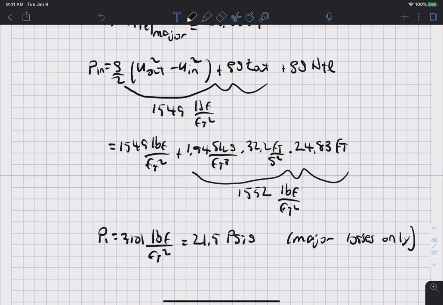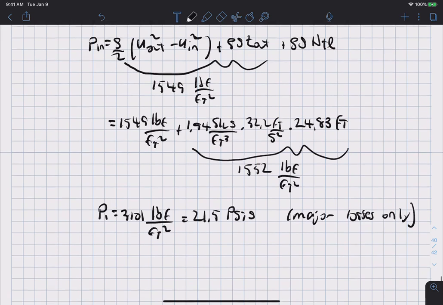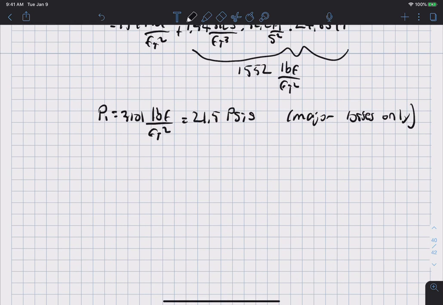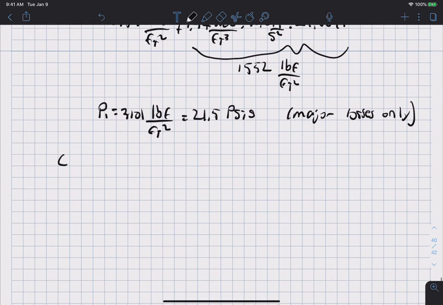Okay, so now that's including just the major losses. So now we need to do part C, and part C is the major plus the minor losses. We already computed the major losses, so now we need to compute the minor losses.